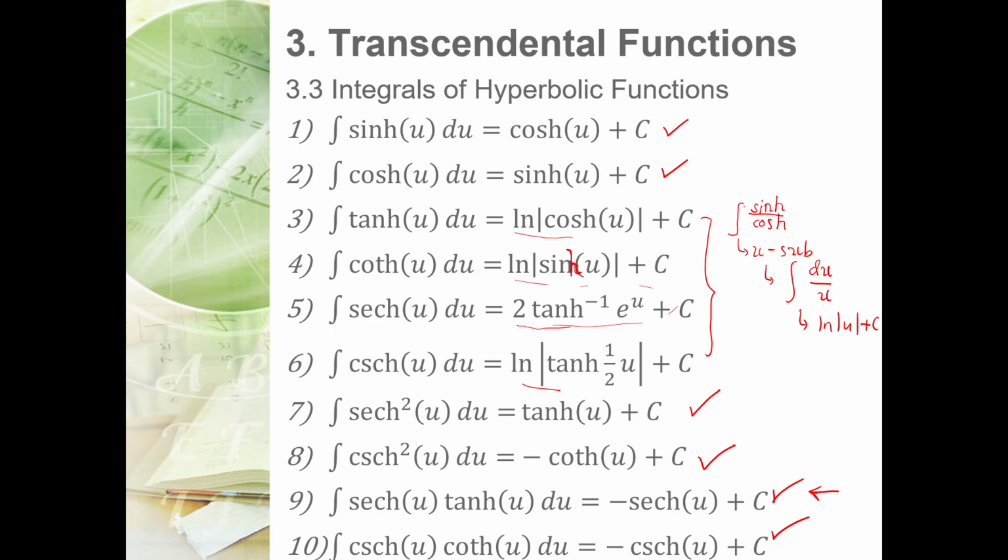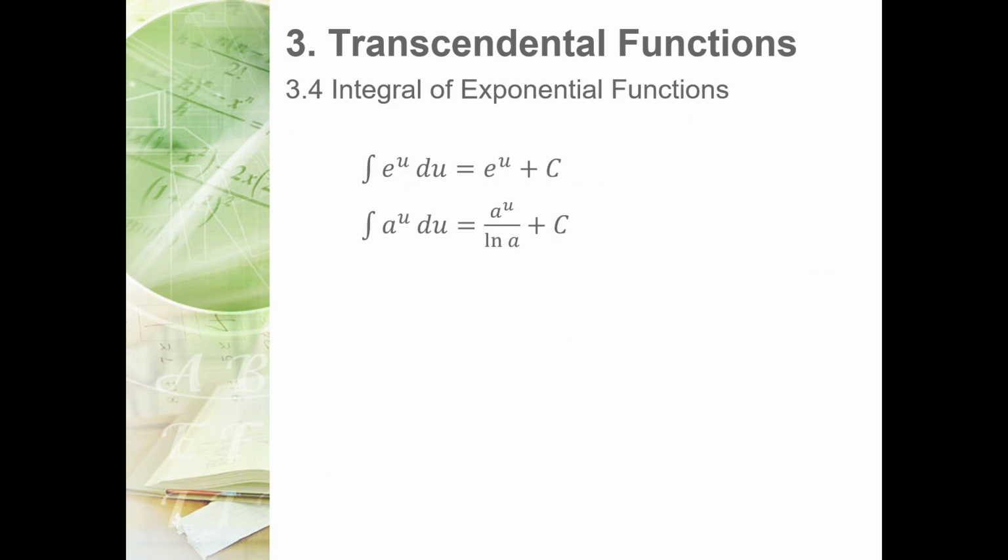Also, the last transcendental function is your exponential function. In your derivative, the derivative of e to the power of u is equal to e^u du. Notice that they are just the reverse of the other.